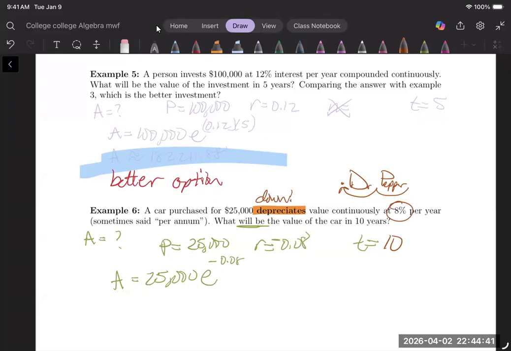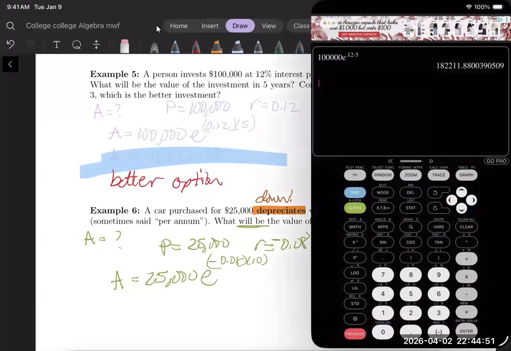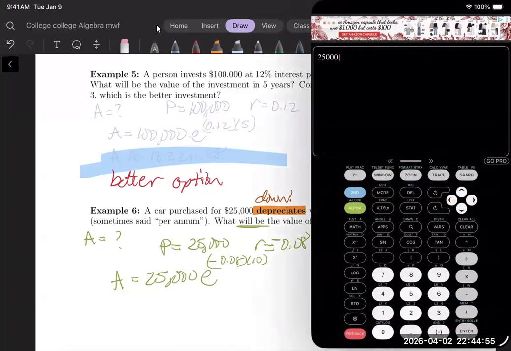So I need my rate negative. And then times 10. So we're just going to grab the calculator and slap this in. 25,000 times e raised to the negative 0.08 times 10.